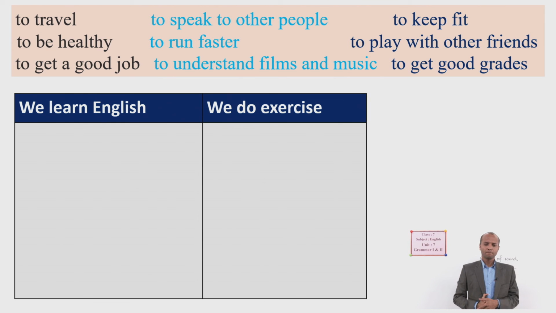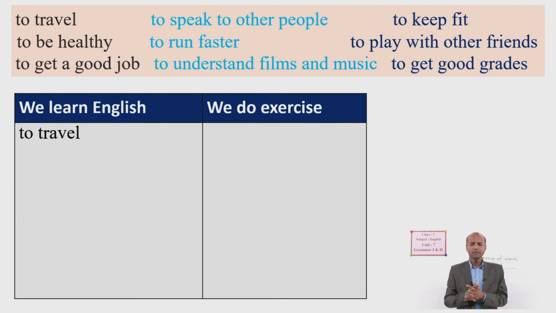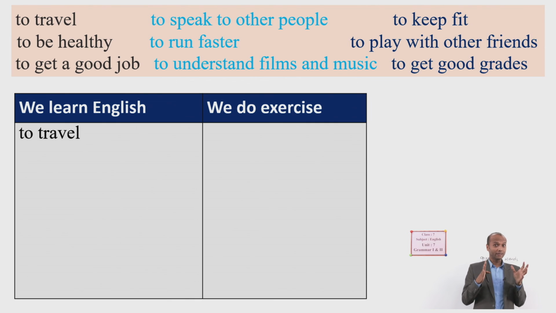Very good, to travel. For example, when you go to the USA, you have to speak English. Very good, you learn English to go or to travel to different places. Next, to be healthy? Oh no, learning English and to be healthy do not have any relation. Very good.